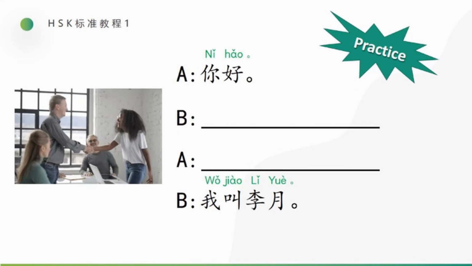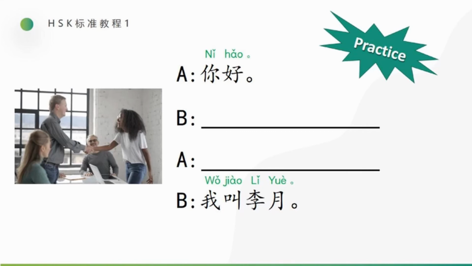Next, this long conversation. Do you know how to complete this conversation? A says 你好, so B should say... According to the picture, we can find this man may be elder than the woman, like a boss or someone, right? So in this case, we can use 您好. 您好 is better.